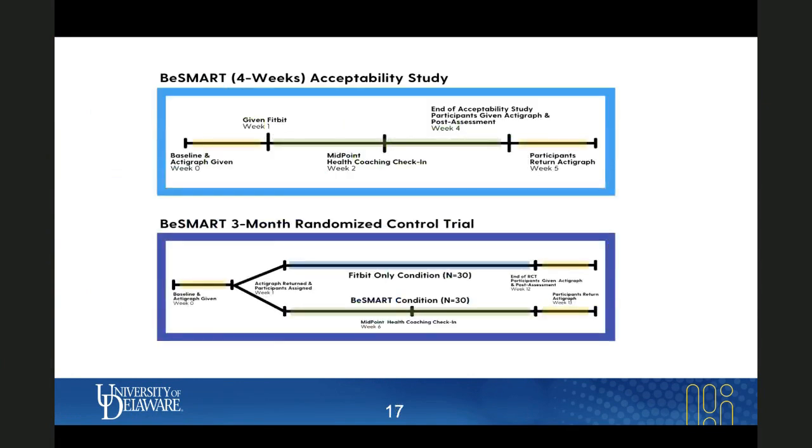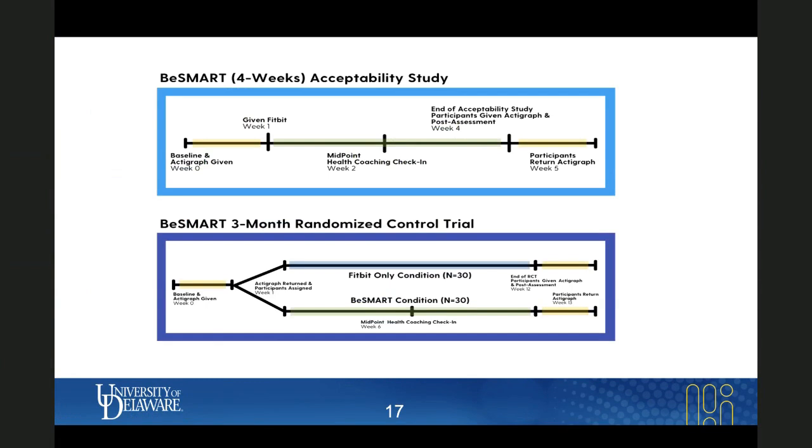So the BSmart acceptability study results for 6 weeks in total. The first week is the baseline week where we give actigraphs to participants and ask them to wear actigraphs for the first week. And after the first week, the participants sit with the human health coach and form specific goals and come up with strategies and barriers to overcoming these goals.